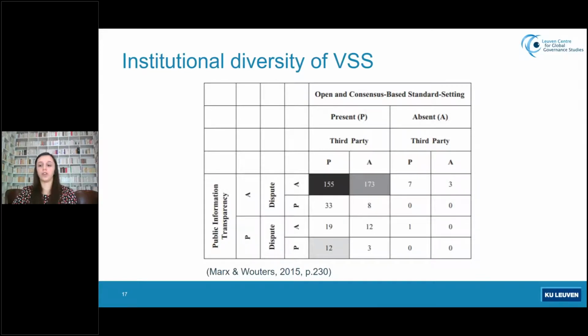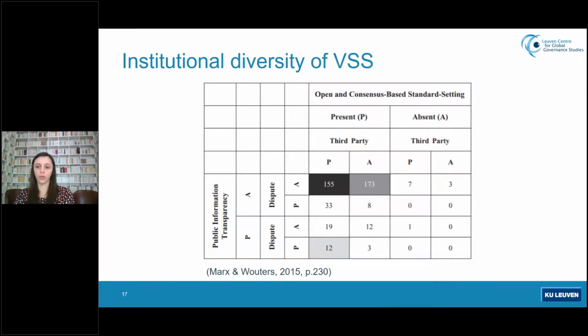So the results show that VSS, of course, greatly differ. As you can see on the slide, VSS are not all concentrated in only one box. They are spread out, but you can see also that most of them have consensus-based standard setting procedures, but no transparency and no dispute settlement mechanisms.